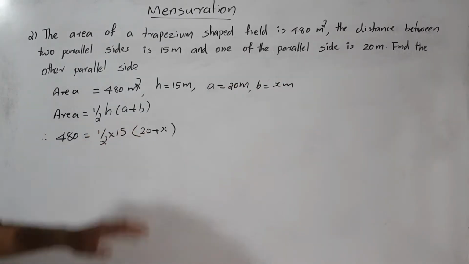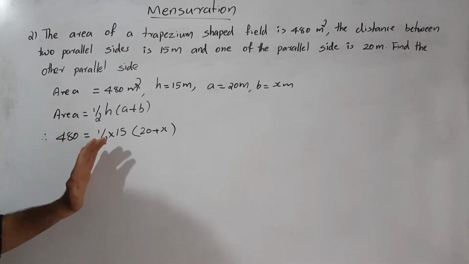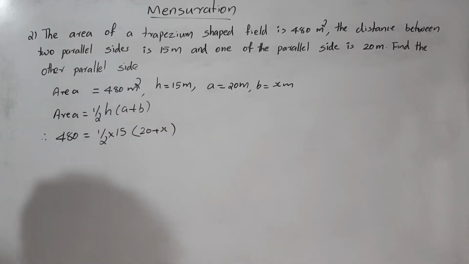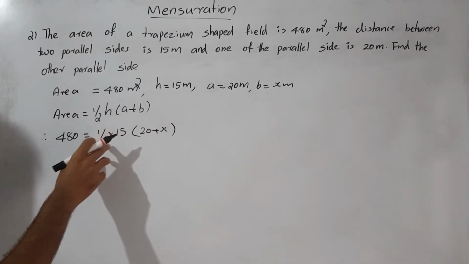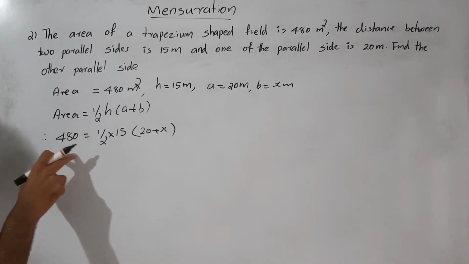15 is not possible to divide exactly by 2, so it's not necessary to divide like that. We keep it like this: 1 by 2 into 15 into 20 plus x. The next step, we transpose 2 to the LHS.